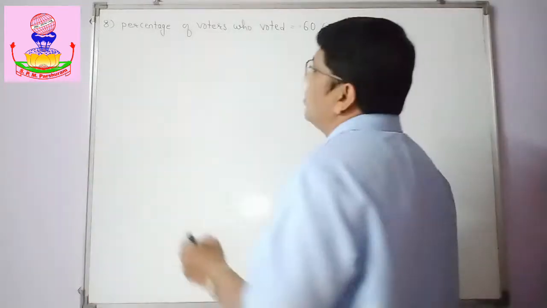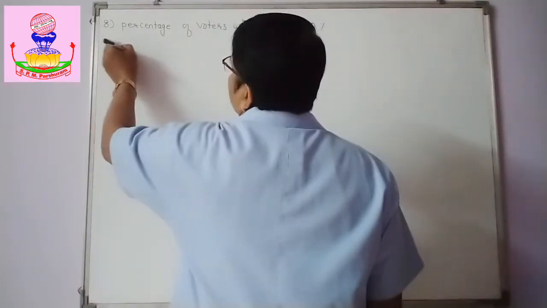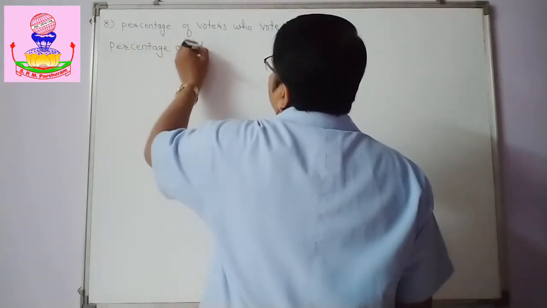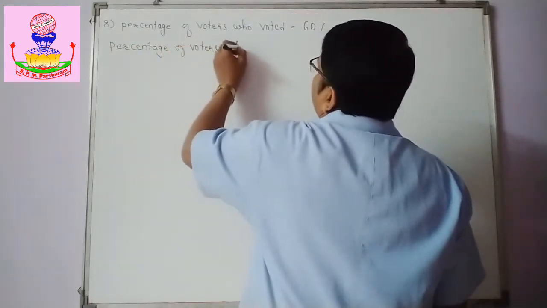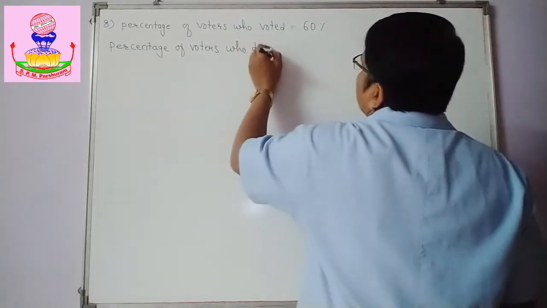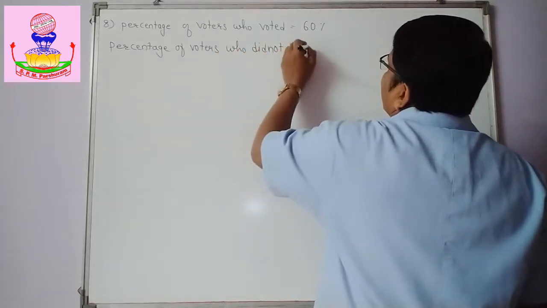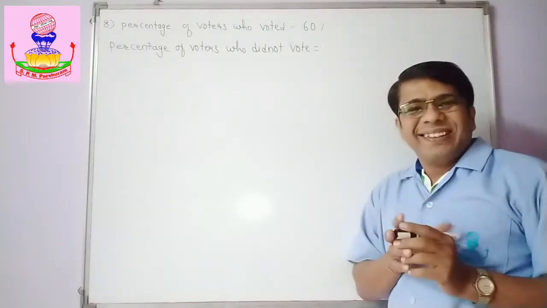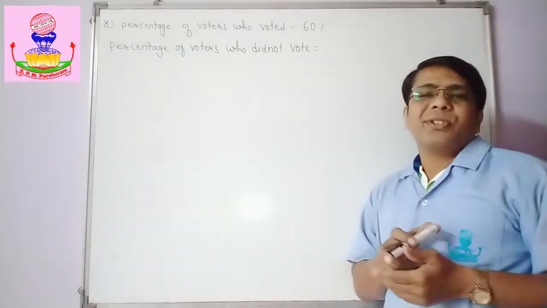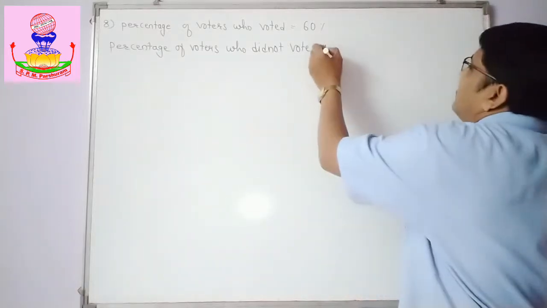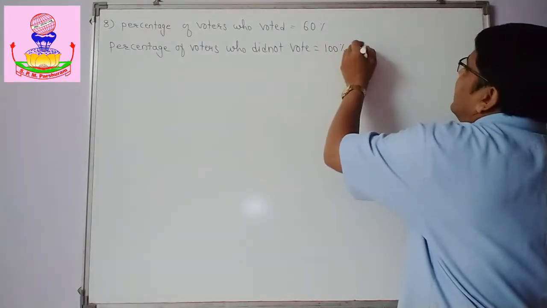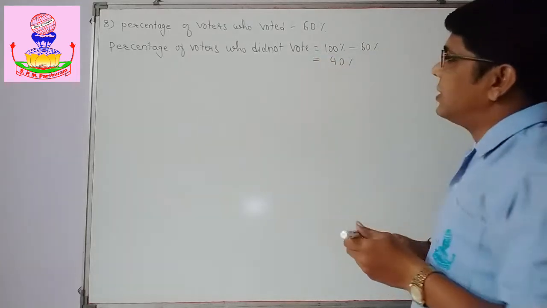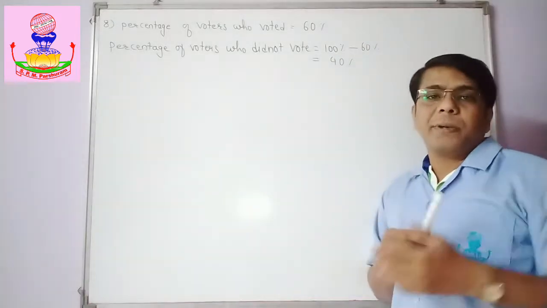Now we want to find the percentage of voters who did not vote. We know that the total is always 100%, and this is one part given. We have to find the other part. So how to find? Yes, exactly: 100% minus 60%, so that is 40%. So 40% of the voters did not vote.